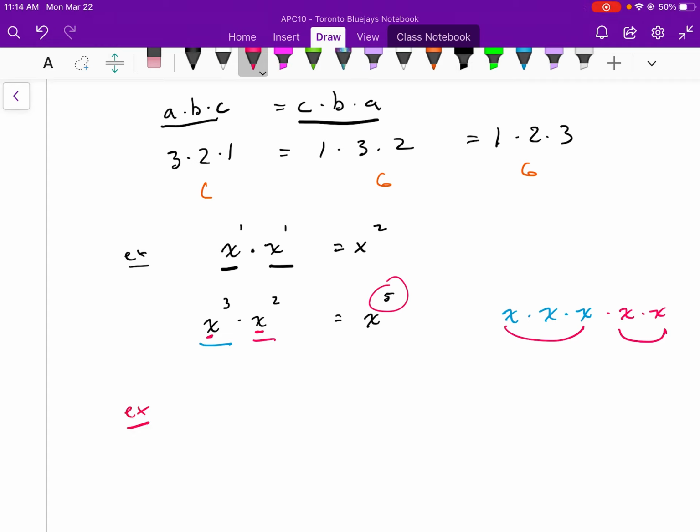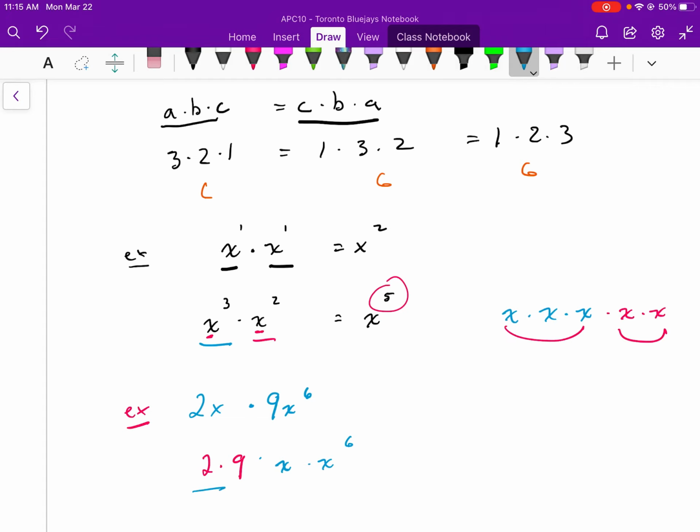Also, just a nice refresher here, let me do 2x times, let's do something crazy, 9x to the power of 6. Well, when I'm doing this, I am simply going to do this in two parts. When we're multiplying monomials, we group together the coefficients and then group together the variables.